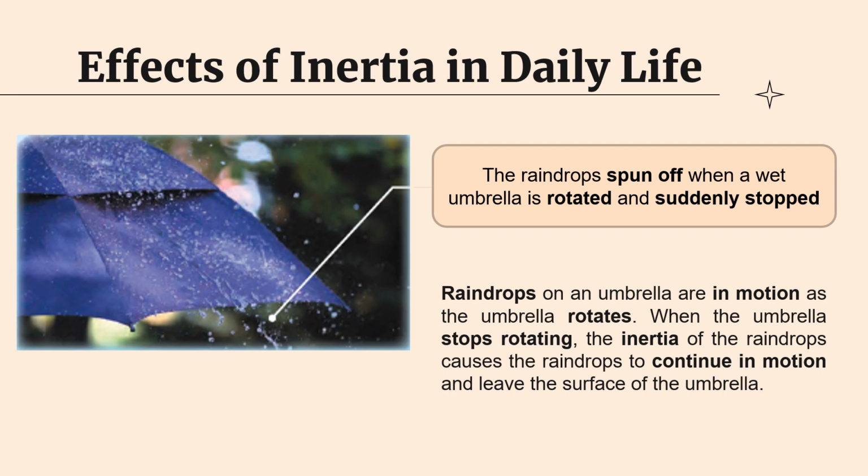Raindrops on an umbrella are in motion as the umbrella rotates. When the umbrella stops rotating, the inertia of the raindrops causes the raindrops to continue in motion and leave the surface of the umbrella.